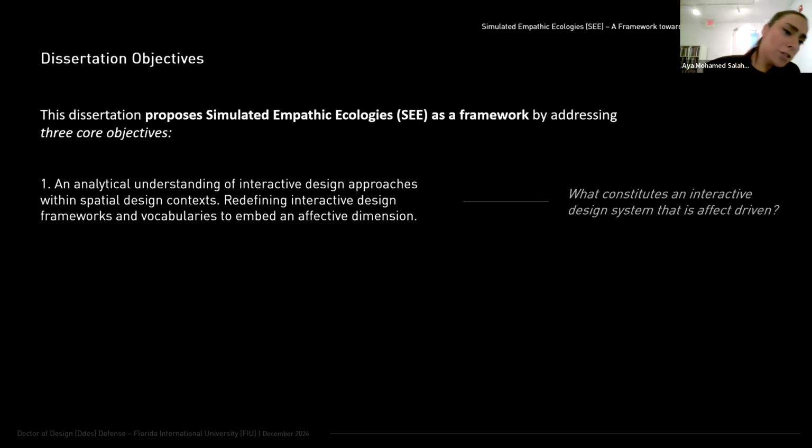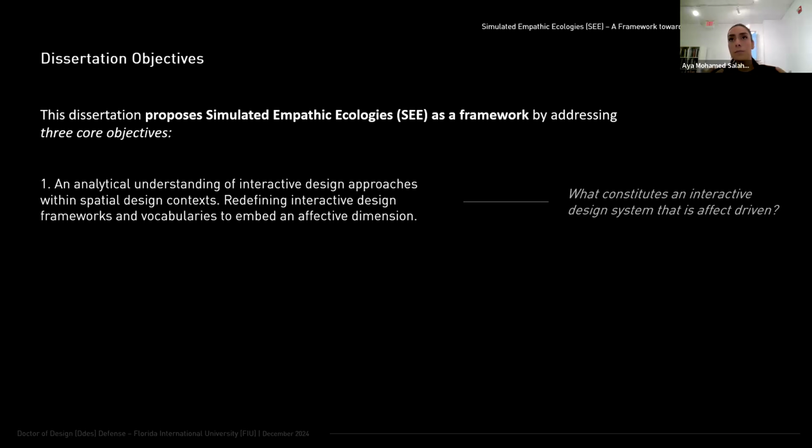So the objectives for this dissertation, or the approach to synthesize such a framework, happened in three folds. The first one was an analytical understanding of the current interactive design approaches within spatial design context, and redefining the interactive design frameworks and vocabularies to embed an affective dimension.